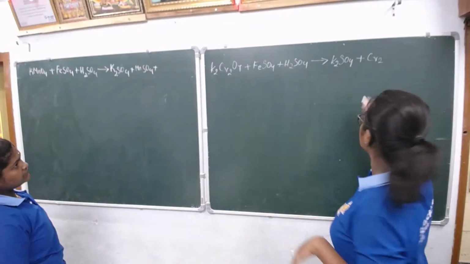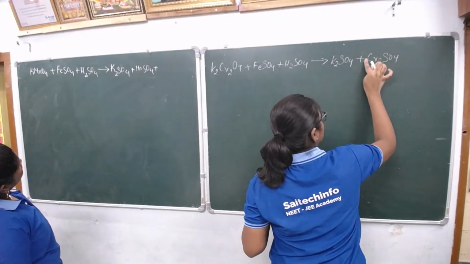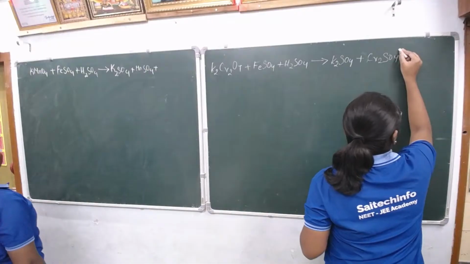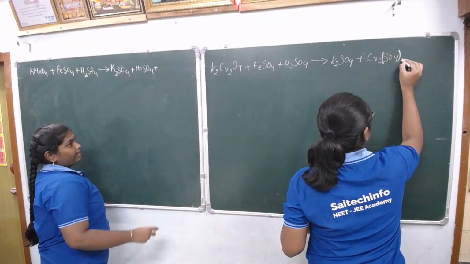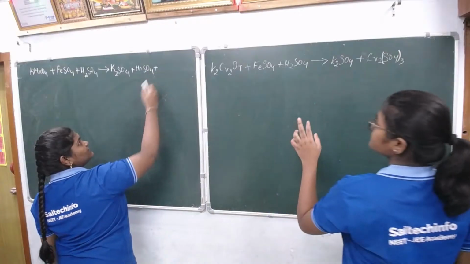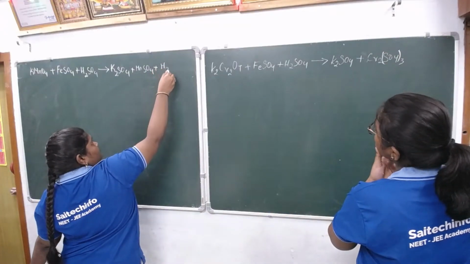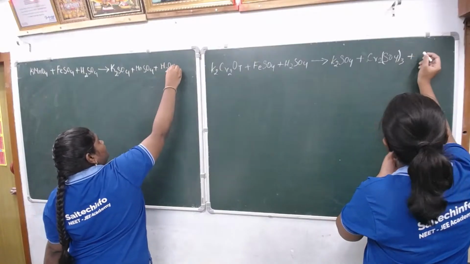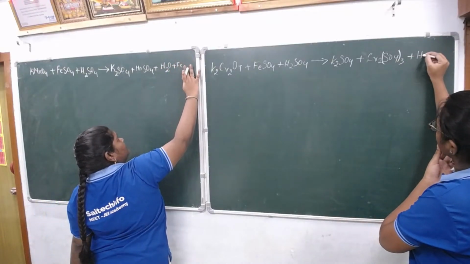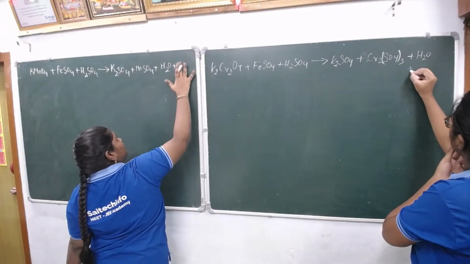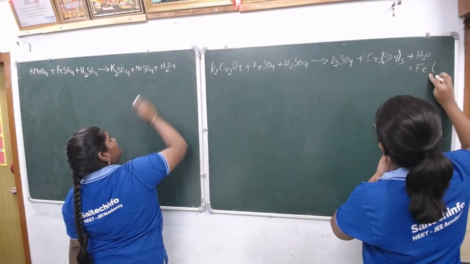Put 3 for sulfate, SO4 three times. And then H2O. Then what else? Ferric sulfate, is it not? Fe2(SO4)3, because ferrous sulfate becomes ferric sulfate.